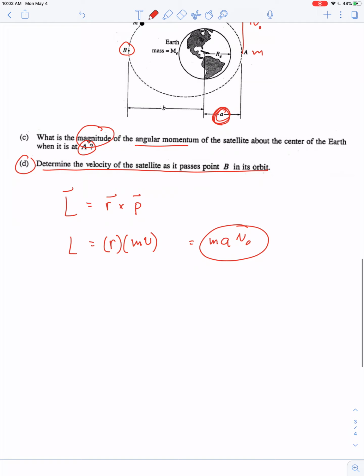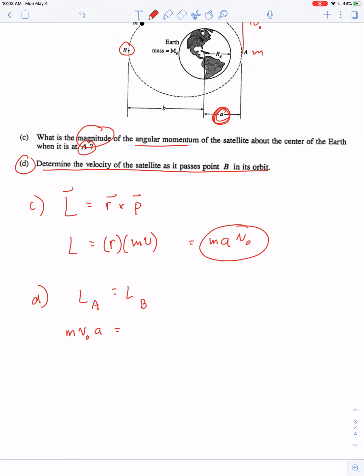D, determine the velocity of the satellite as it passes point B. Well, this quantity angular momentum is conserved, so the angular momentum at position A has to equal the angular momentum at position B. The angular momentum at position A is m v0 a.